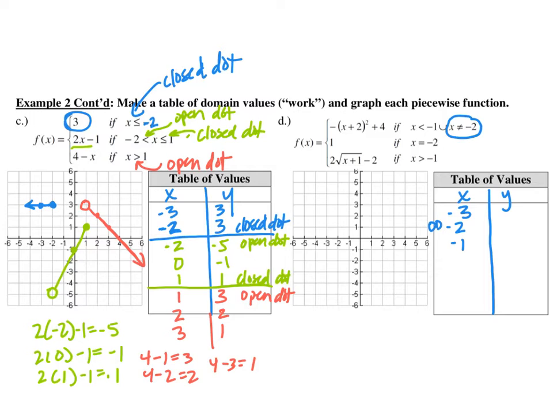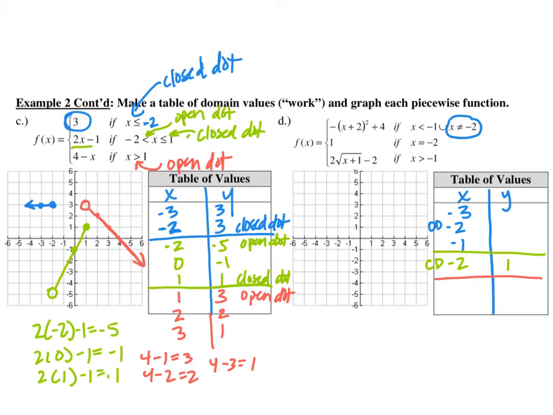So now let's go and try the next section. This is 1 if x equals -2. So if x equals -2, the output will automatically be 1. And this is a closed dot. And then the last section, we will do x is greater than -1.